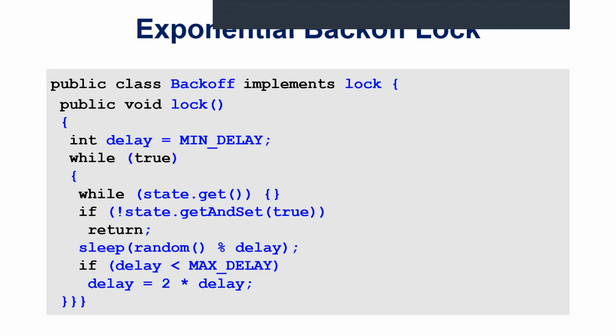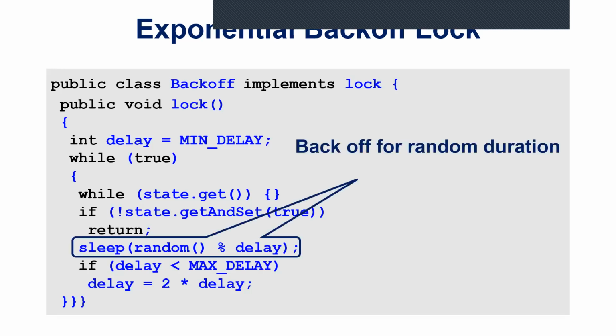Here is the code for the exponential back off lock. The remaining code is similar to the T-task lock, except these last two lines: one is sleep random modulus delay, and the other is an if condition.